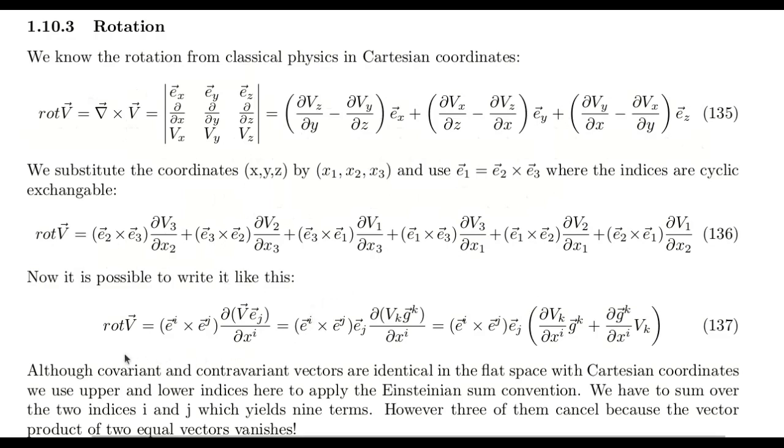We can write, rot v vector is equal to the vector product of the two basis vectors, and then the differential quotient of the component of v and x. Okay, the component of v is here projected out by using the scalar product of v vector and another basis vector here, ej.